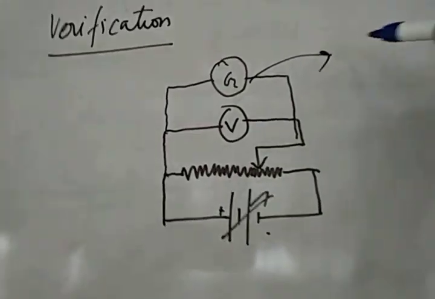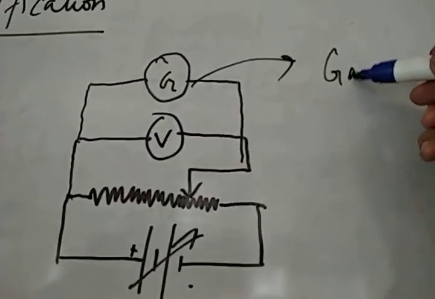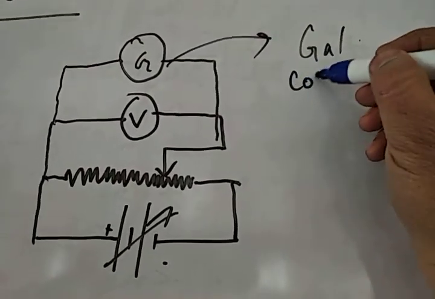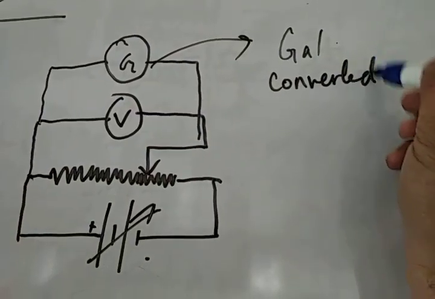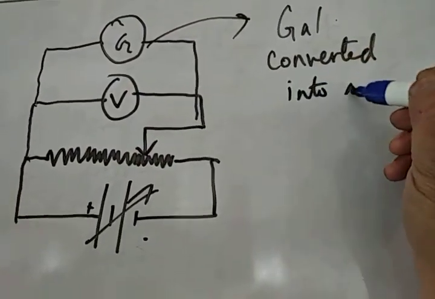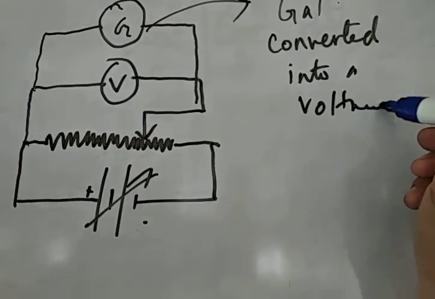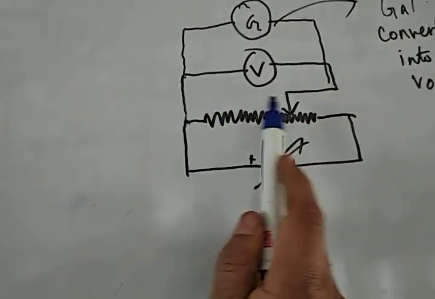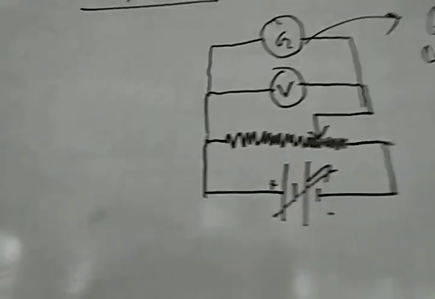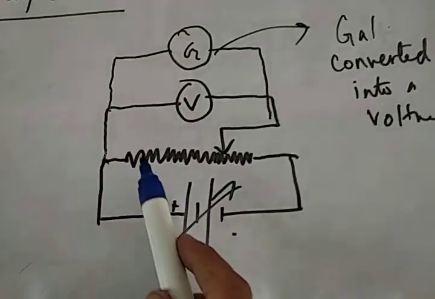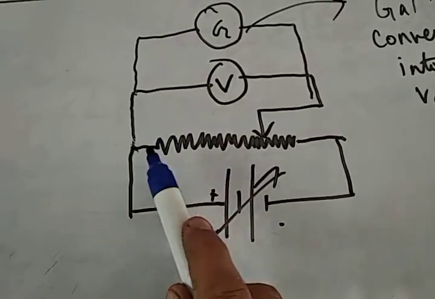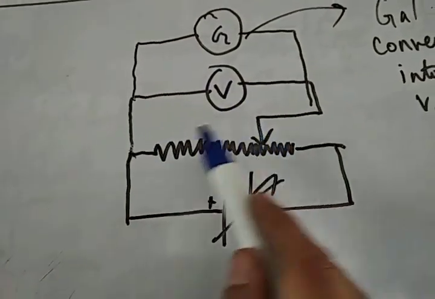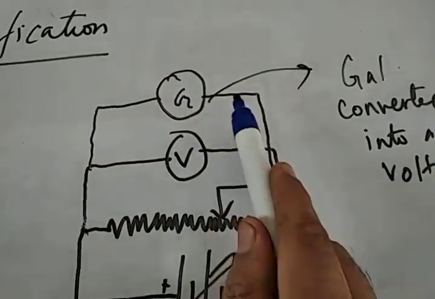Okay, this is our galvanometer converted into a voltmeter. So whatever voltage we apply here, this voltmeter will read that voltage, and so will this.